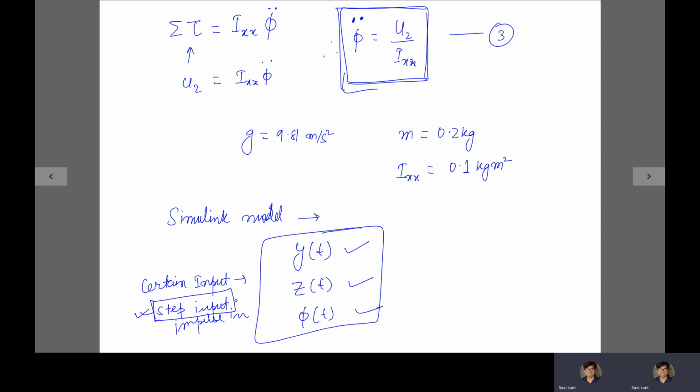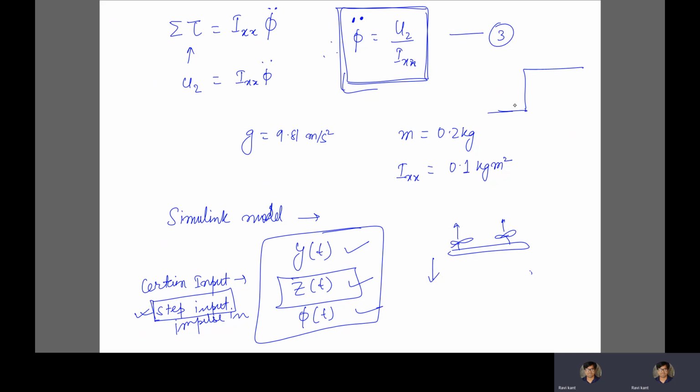So what is the meaning of giving a step input and seeking the information? Let's suppose this is your drone, and these are your propellers. It is rotating and giving a lift. My y direction is this way, and the z direction is this. Let's suppose I'm giving a certain input in the z direction, a step function.